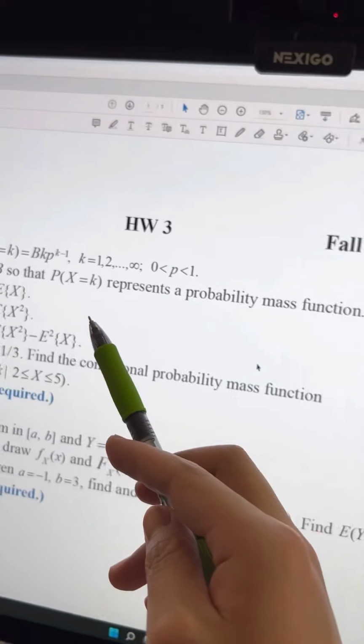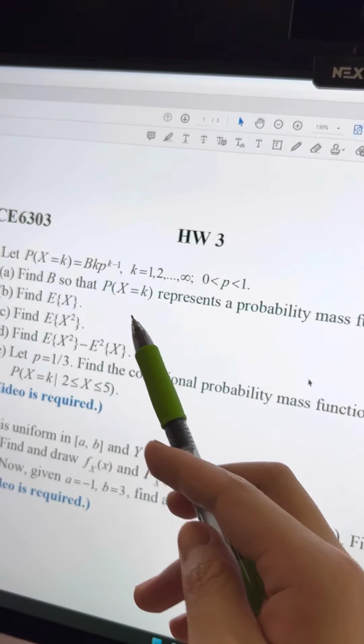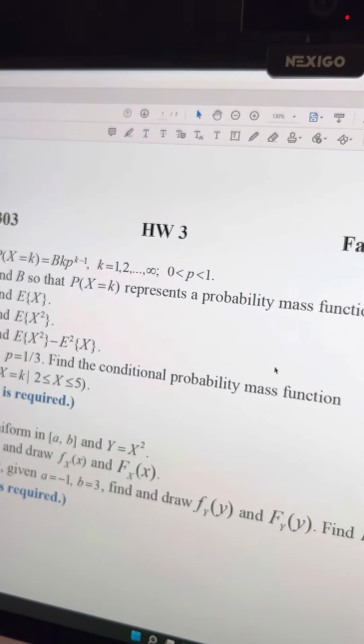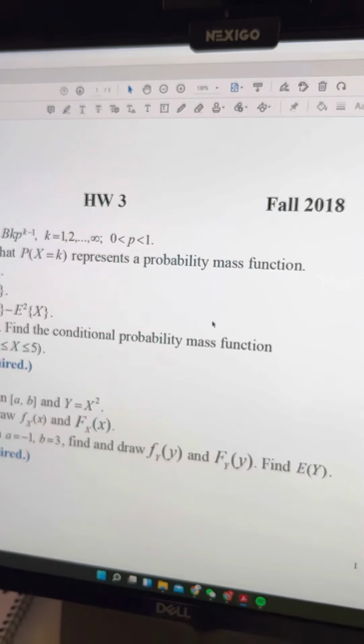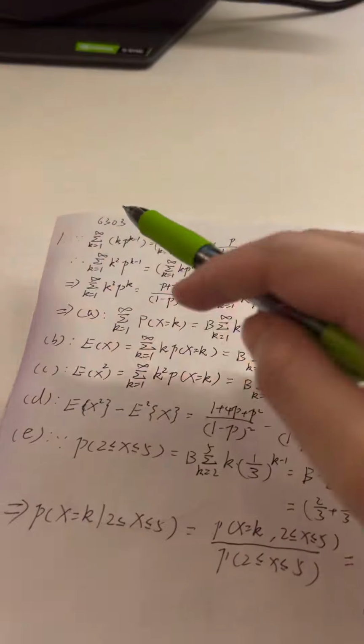It wants us to find b, so that this probability represents a probability mass function.